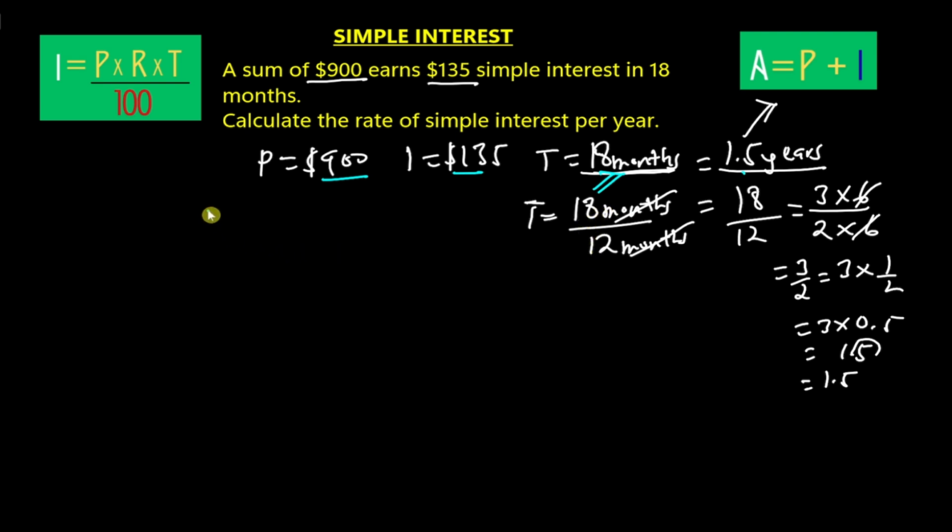Now the formula is I equal to P times R times T all over 100. The I over here is 135.